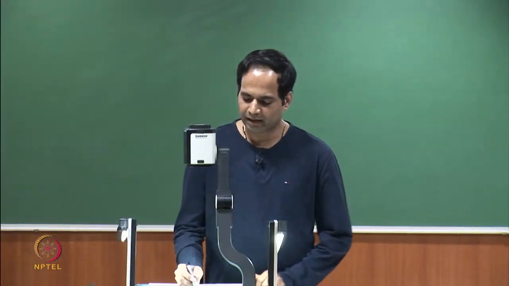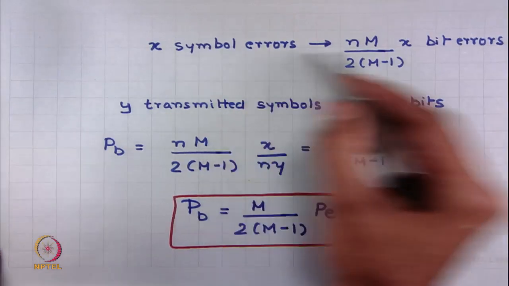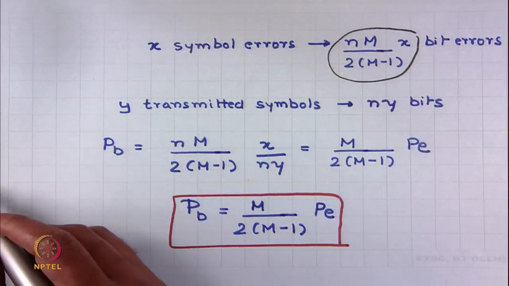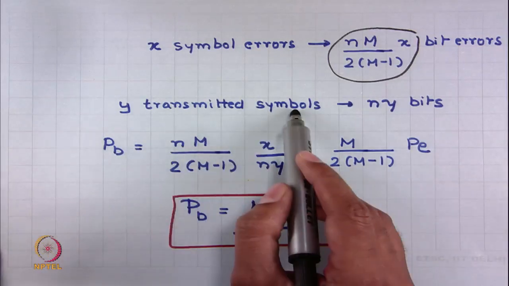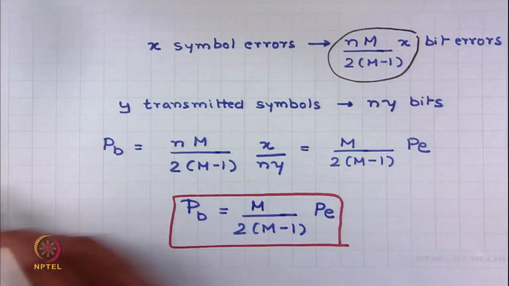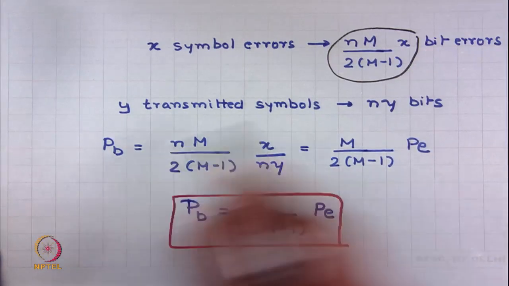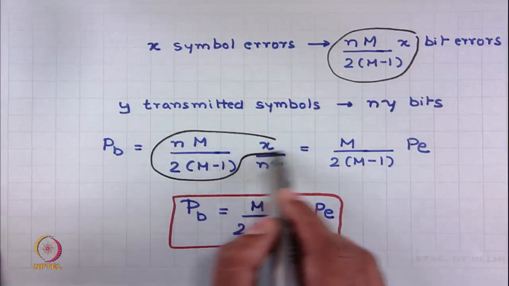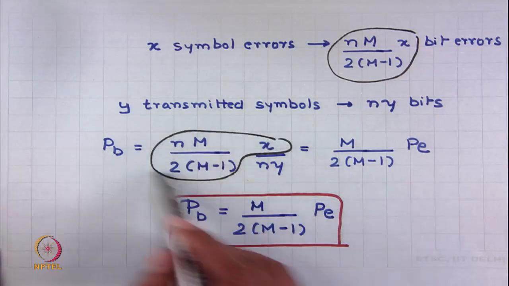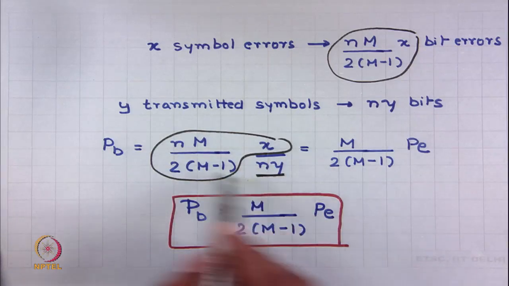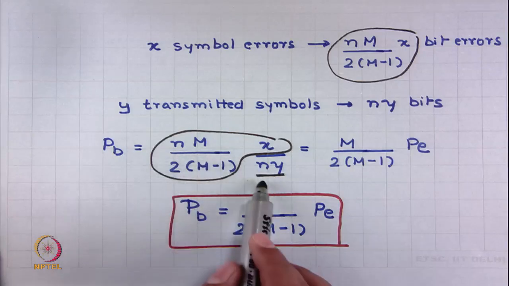So, if there are x symbol errors, we will have these many bit errors, and if we transmit y symbols, we are transmitting n times y bits. So, similarly, bit error rate is this thing divided by this thing. So, this is the number of bits in error divided by the total number of bits transmitted, and again we can rearrange this.